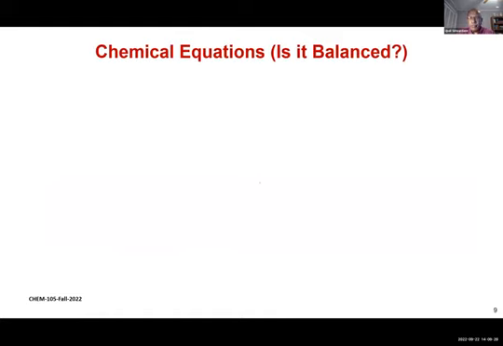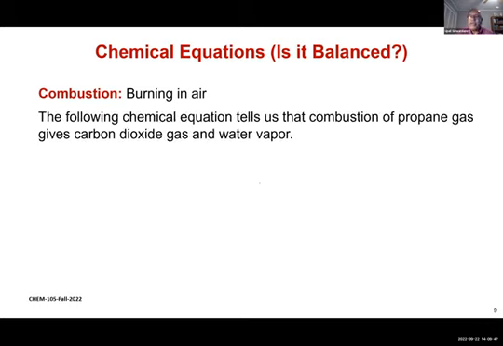Before we go into details of these types of reactions, precipitation, oxidation, and acid-base, we're going to look into chemical equations. For example, combustion, one of the redox reactions. The following equation tells us the combustion of propane.